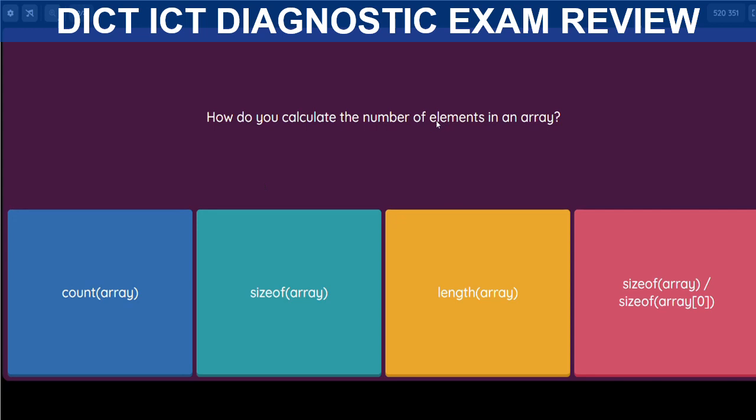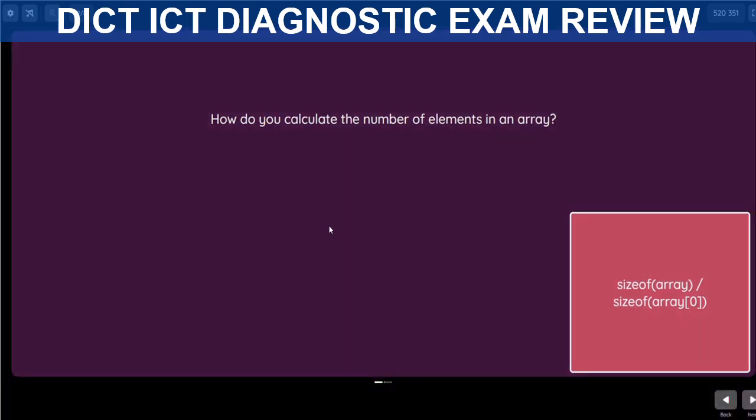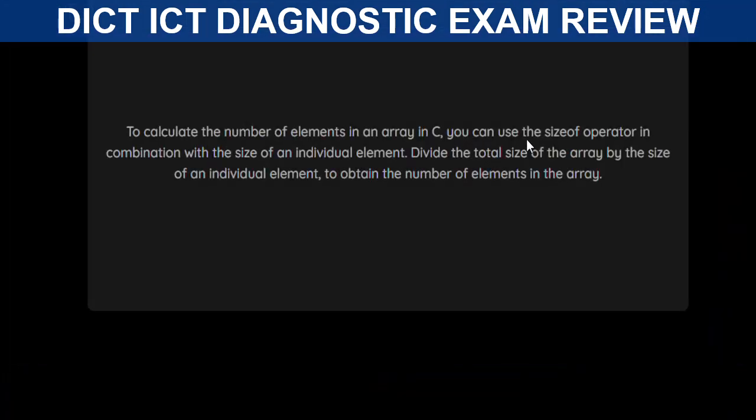So the number of elements of an array is computed by determining the size of the array divided by the size of array element 0. So you can use the sizeof operator in combination with the size of an individual element. Divide the total size of the array by the size of an individual element to obtain the number of elements in the array.